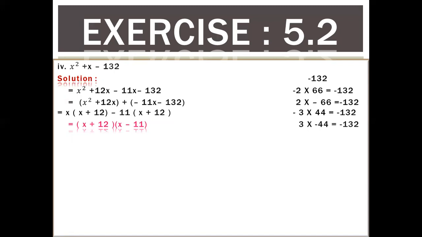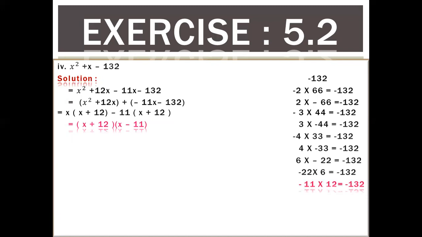We find all the possible factors of minus 132. Minus 2 times 66 is minus 132, and 2 times minus 6 is also minus 132. Now I write the negative sign once with the smaller number rather than the greater number, because we need plus in the middle term, which is plus x.